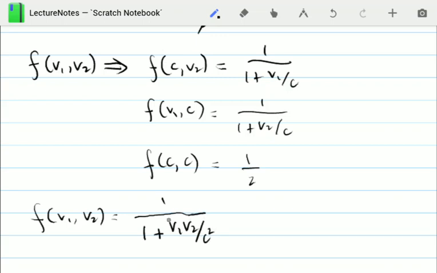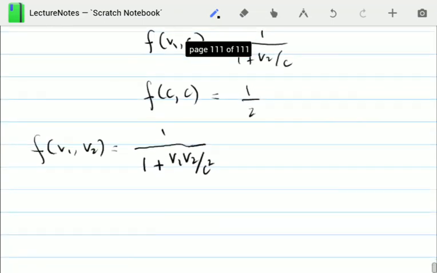Why? So that when I let v1 equal c, this becomes 1 over 1 plus v2 over c, which is this one. If I let v2 equal c, then this reduces to this. If I let v1 and v2 both equal c, then this reduces to this.